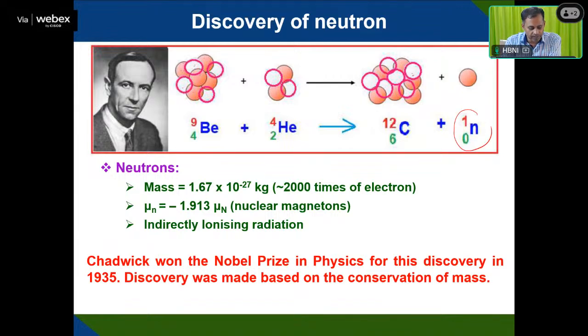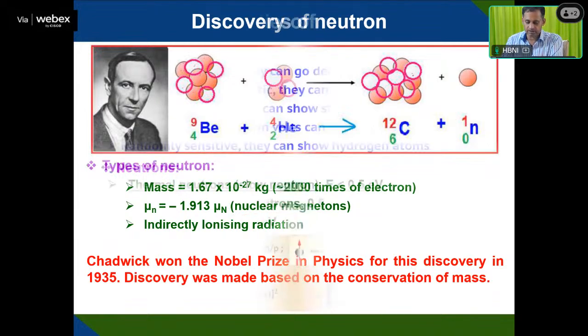This neutron has a mass about 2,000 times that of an electron, and it has a nuclear magneton. That is, the neutron possesses magnetic properties, so you will be able to see that mu n. Indirectly, it is an ionizing radiation.